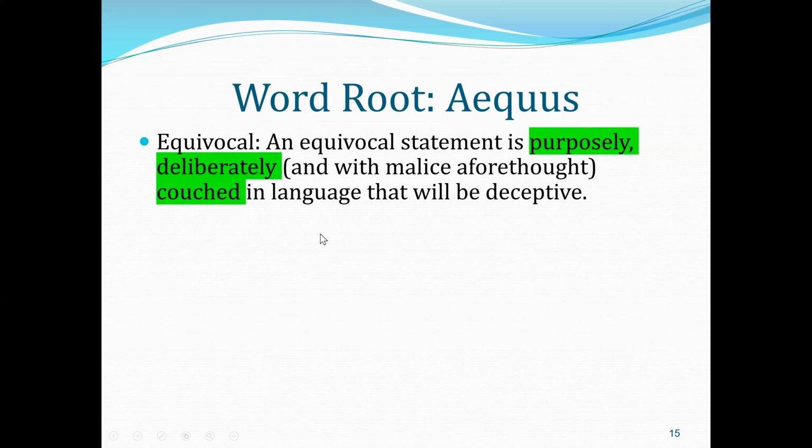purposely, deliberately couched. An equivocal statement is purposely, deliberately, and with malice aforethought couched in language that will be deceptive.